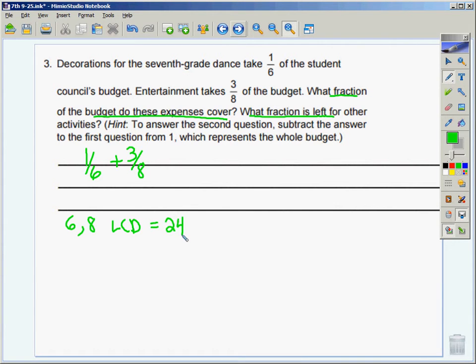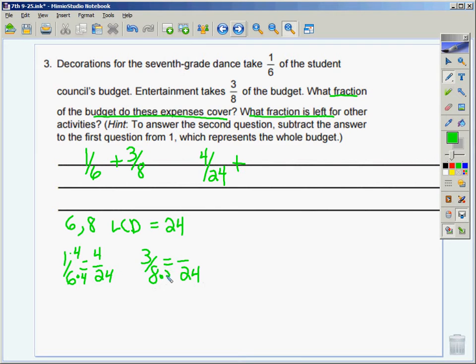So, if I convert the 1/6 to something that's over 24, I had to multiply the 6 by 4, which means I multiply the 1 by 4. So I now have 4 over 24 plus, and if I do the same thing with the 3/8, I want the denominator to be 24.